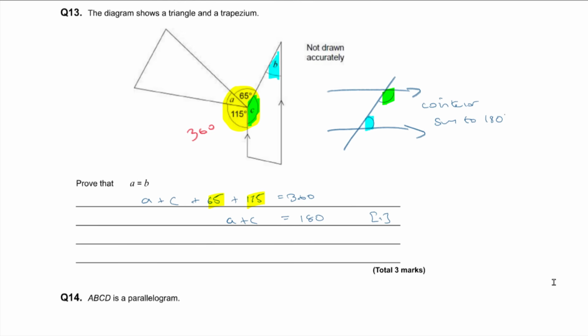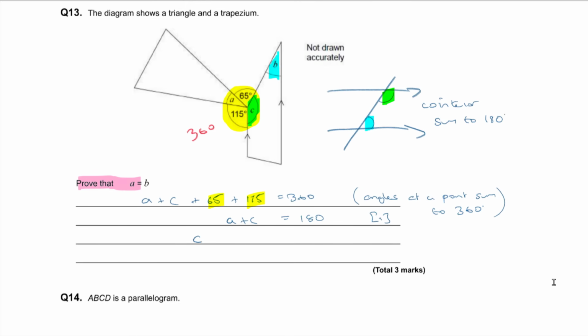I suppose if it's saying prove, we should really say what the rules are. So I'm just going to put in brackets the reason: angles at a point sum to 360. To prove that one, you really need to state the rule that you're using.